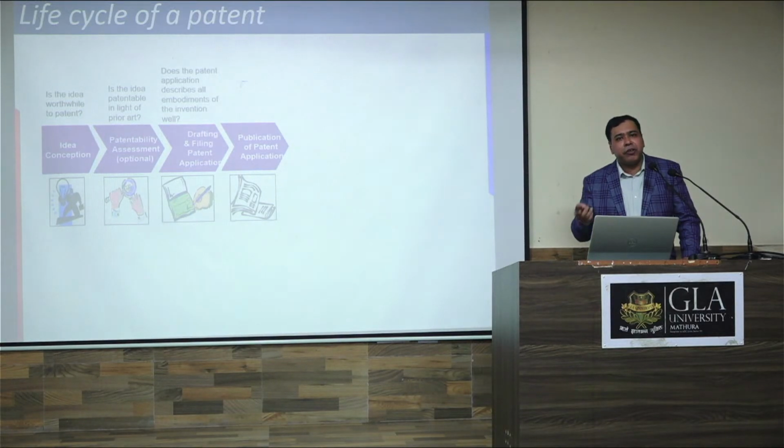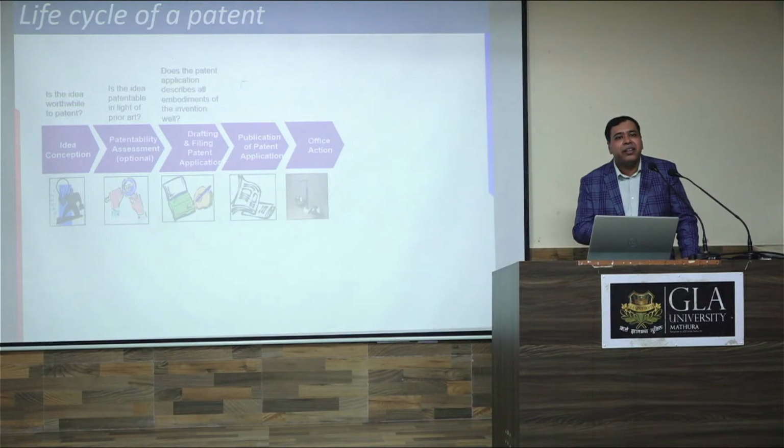After a certain period of time, in India roughly 18 months, the application gets published. So from the day you file the application, it roughly takes 18 months in the normal course of action to get it published. And then obviously there are some rejections, an examination process where the examiner will review your invention and give some rejections corresponding to it.